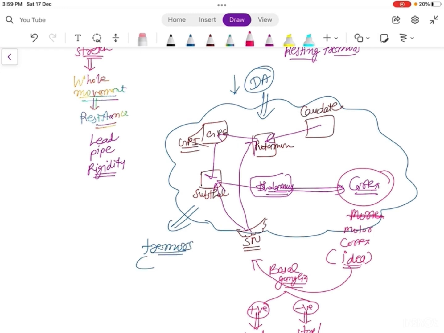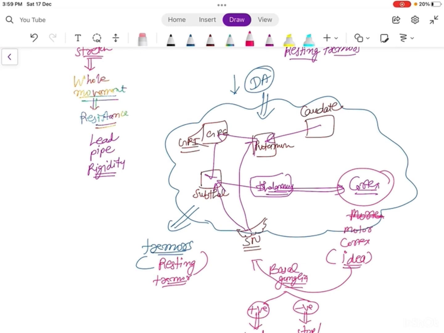Especially these tremors are called resting tremors. In Parkinson, in medicine, it involves our first finger and the thumb. There is a tremor called the pill rolling movement. So these are the tremors, right?